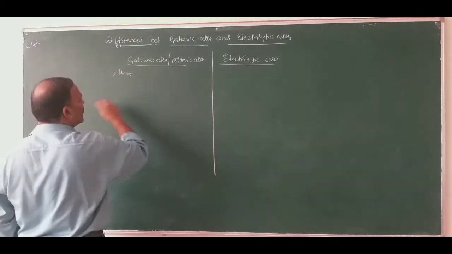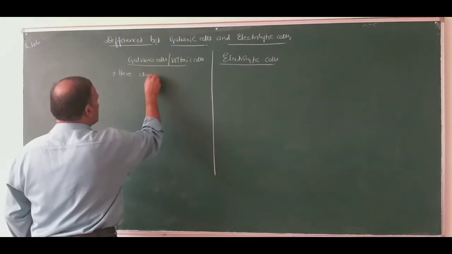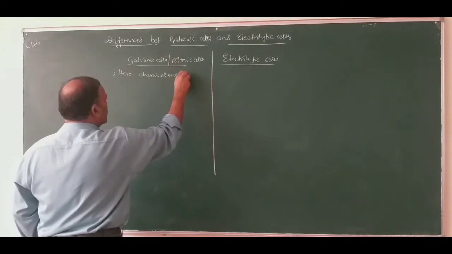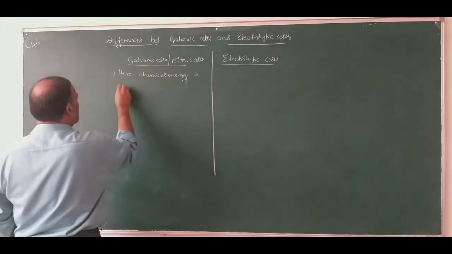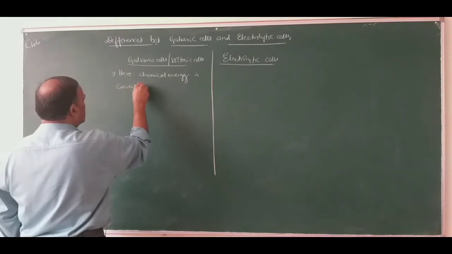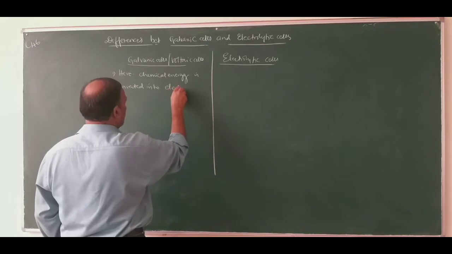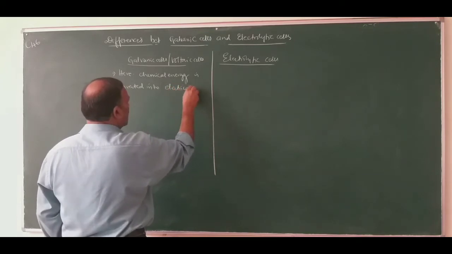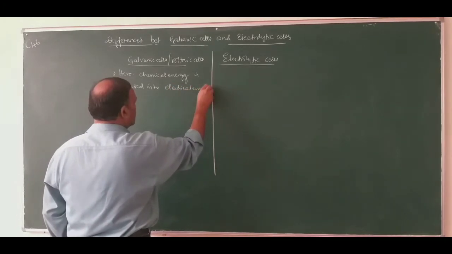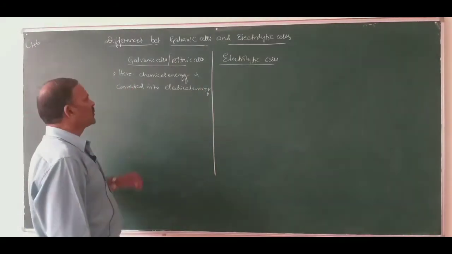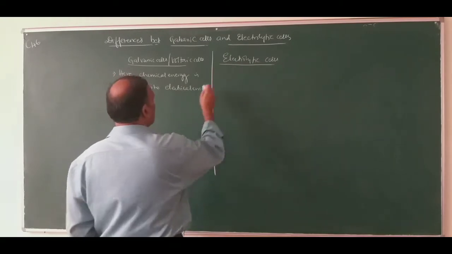Here, in a galvanic cell, chemical energy is converted into electrical energy.